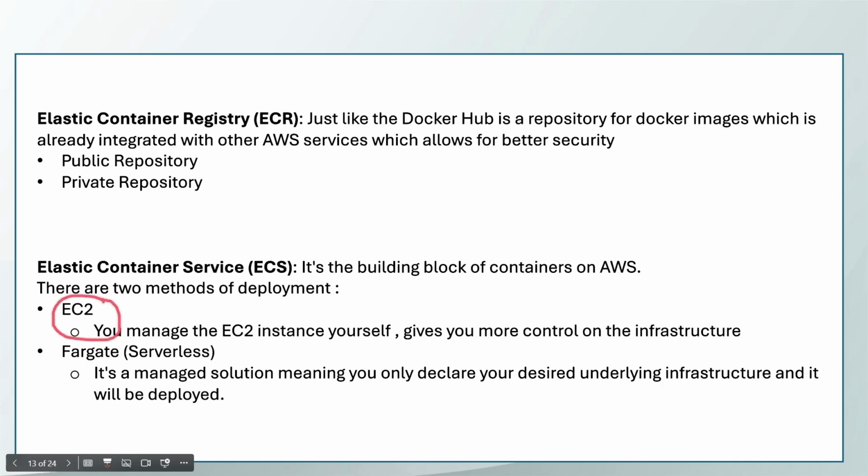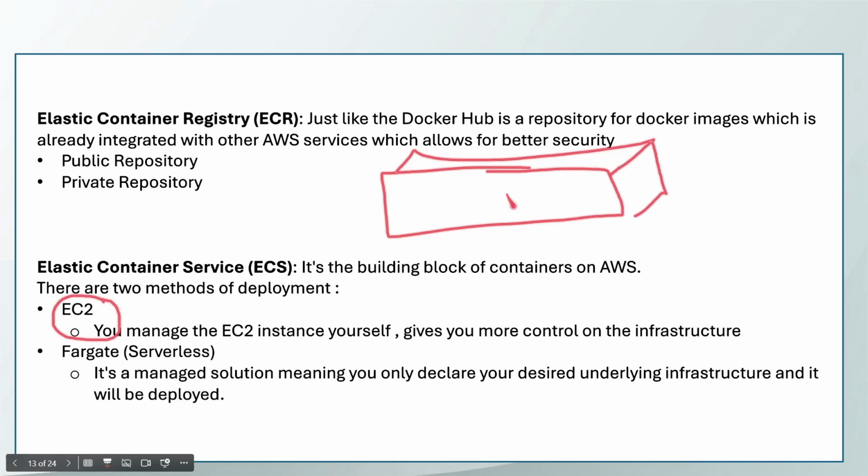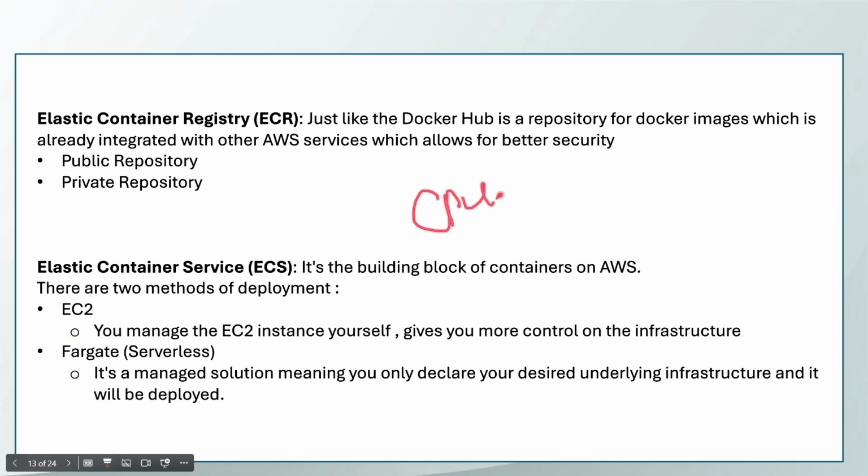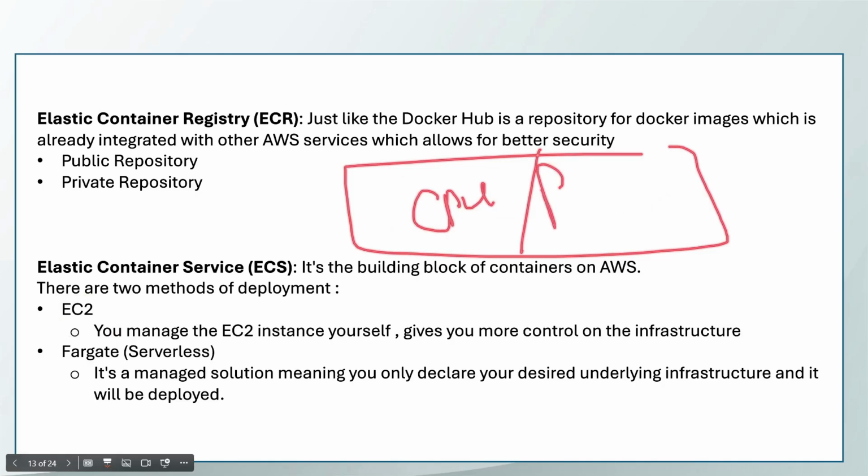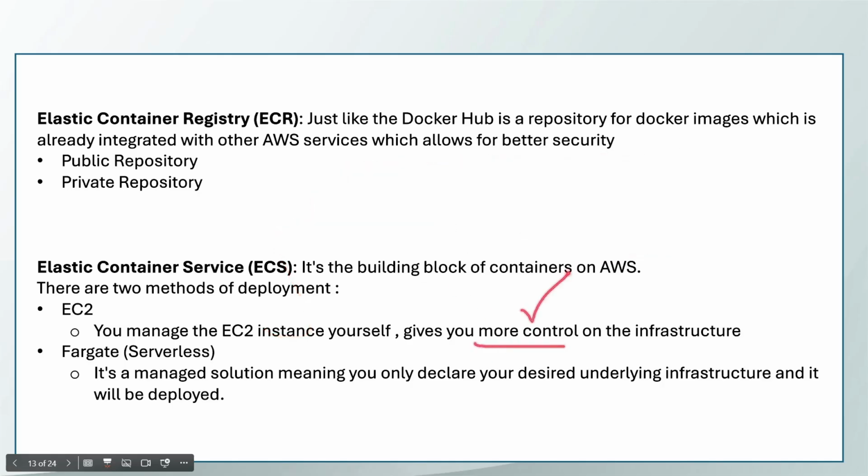With the EC2, as I said, you have some infrastructure, you have some CPUs, you have some RAM, and then you also have access to them. Why? Because you have specifically chosen an EC2 instance. It's a server running just for you. So you have more control over what's happening also inside of it.